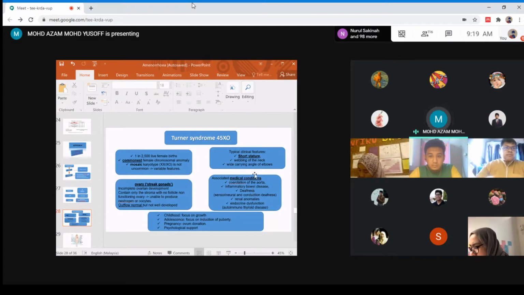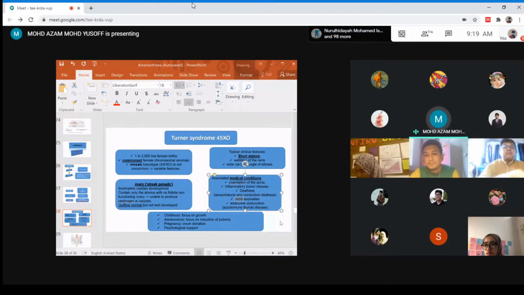Why renal? Because the kidney is very close to the uterus in the development of the female genital tract in utero.